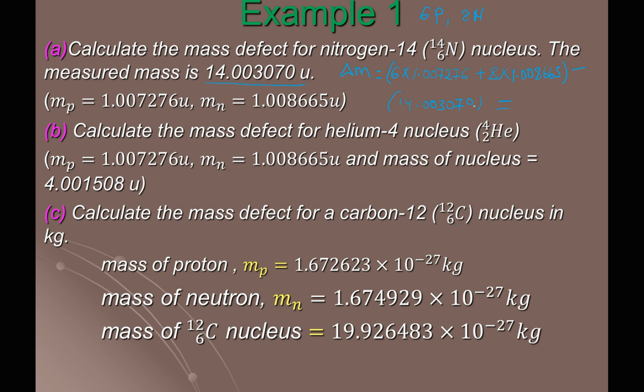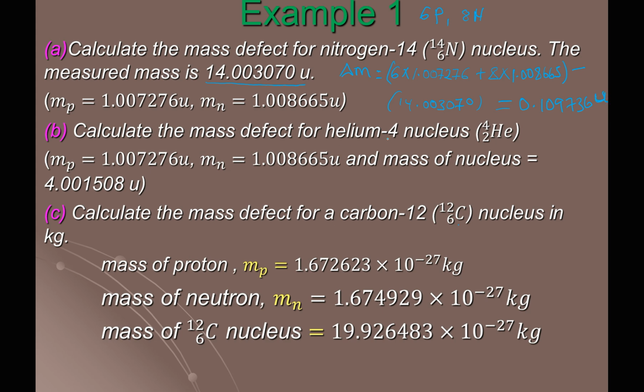Okay, so from my calculator, the difference in mass, which is the mass defect, is 0.10976 U. So this is the mass defect in unified atomic mass units.